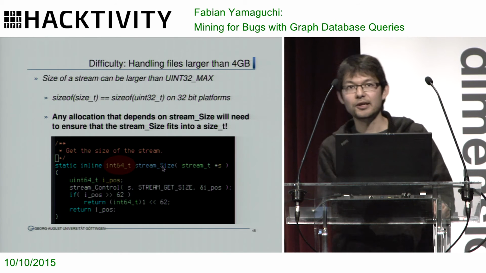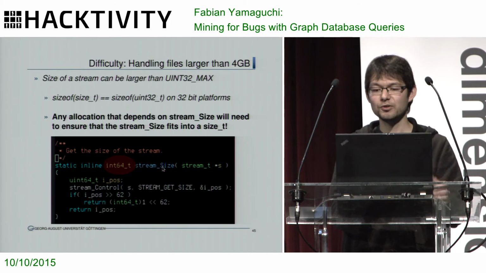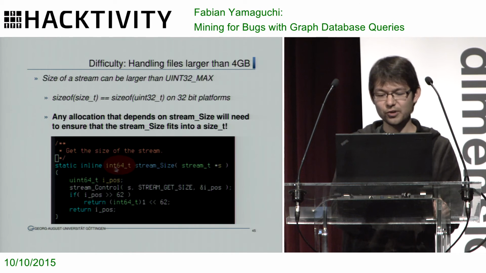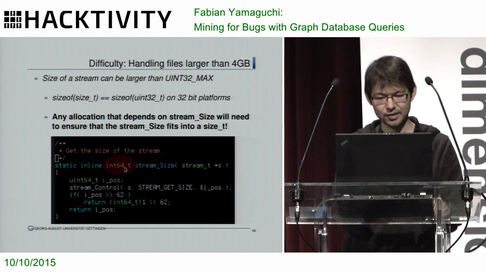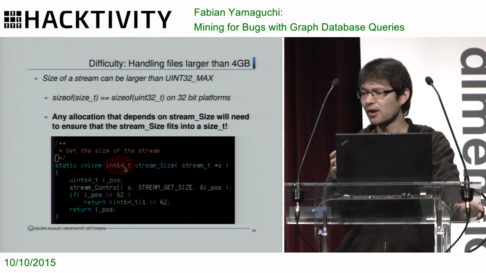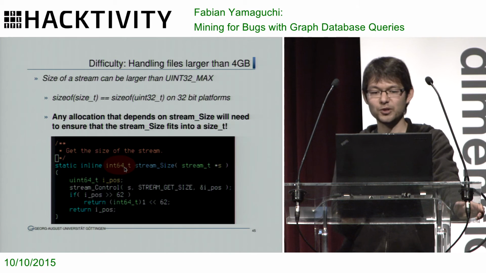Now, clearly, a stream could be some media file, and you would want your videos to be larger than 4 gigabytes, so you'd have to return an int64 and not just an int 32. So you want 64 bit. Now, the problem, of course, is if you have a 32-bit platform, then all of the allocations that you're going to be doing with these, you're going to have to be very, very careful about these because they're probably going to overflow or be truncated.